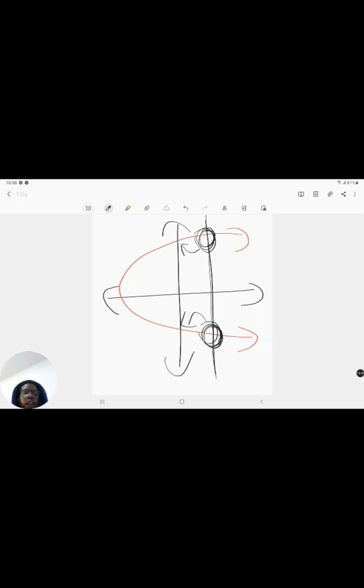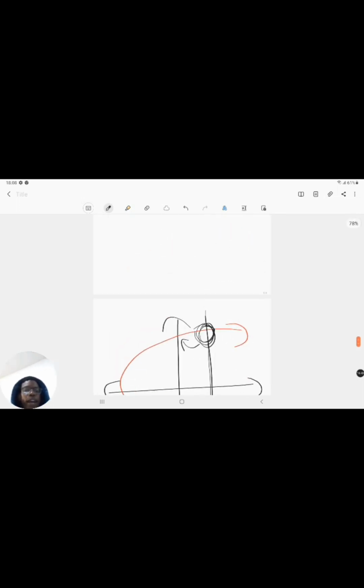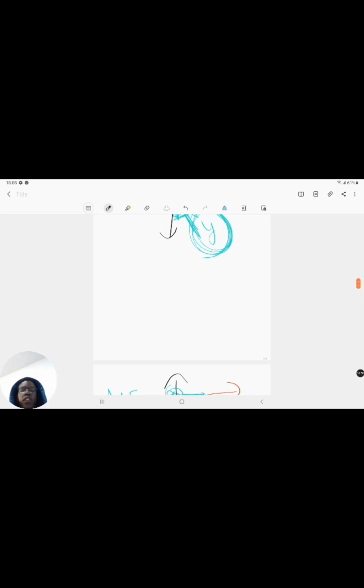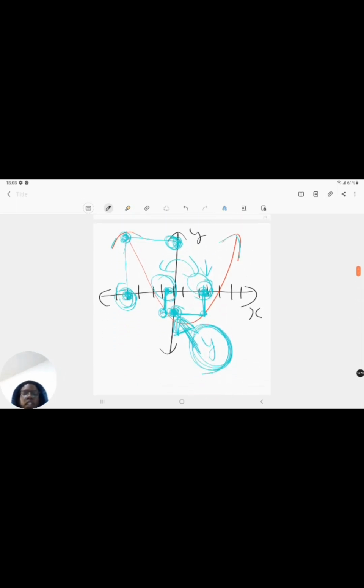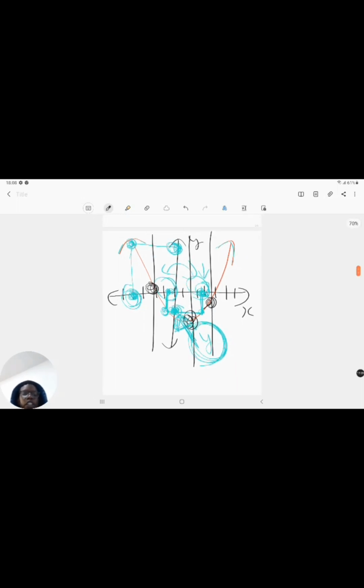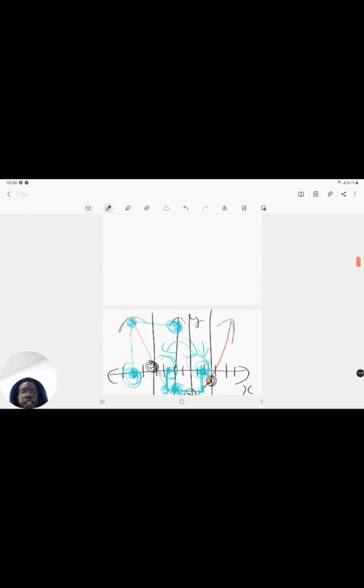Okay, so if we go back to our initial examples where we actually do have functions, what you'll notice is that if I draw a vertical line here, it only cuts the graph there, right? If I draw a vertical line there, it only cuts the graph there. If I draw a vertical line there, it only cuts the graph there. So this is a function, because the vertical line cuts it at that point.